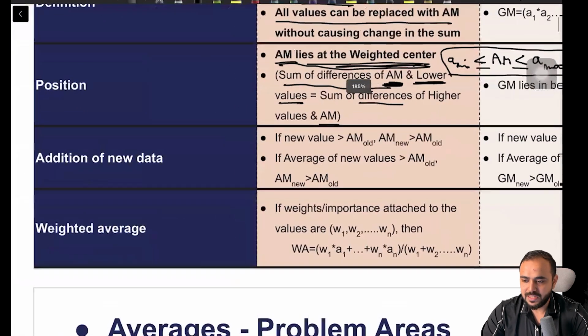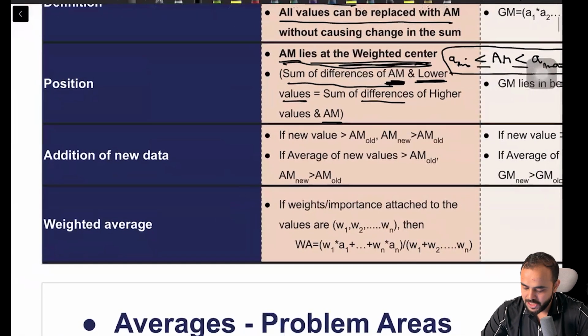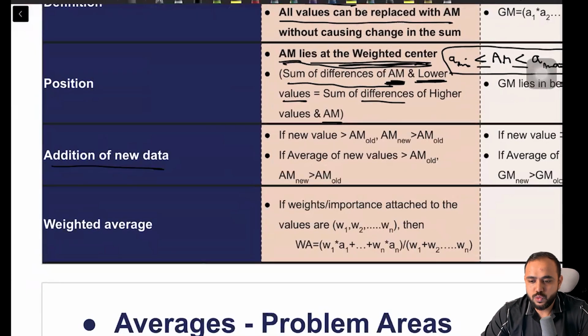Now, a very specific type of question that we do come across in averages is the addition of a new data point, either addition or subtraction of a new data point. So, if the new value that you add to the data set is greater than the original arithmetic mean, that new value will essentially pull the arithmetic mean closer to itself, making the new arithmetic mean greater than the older one.